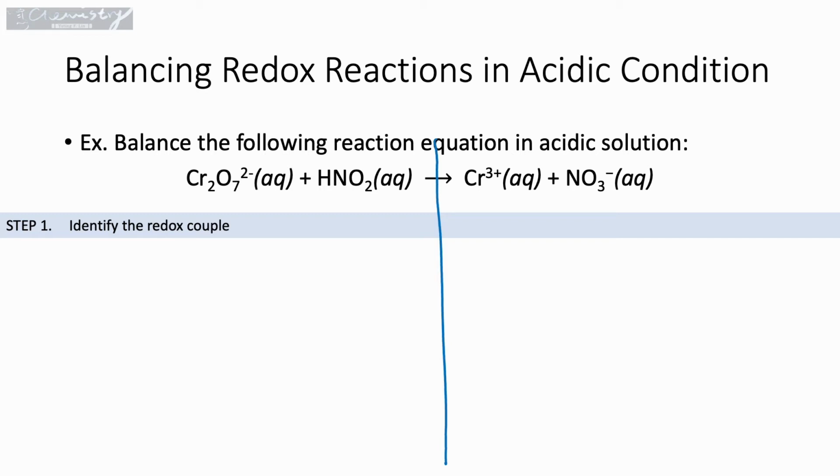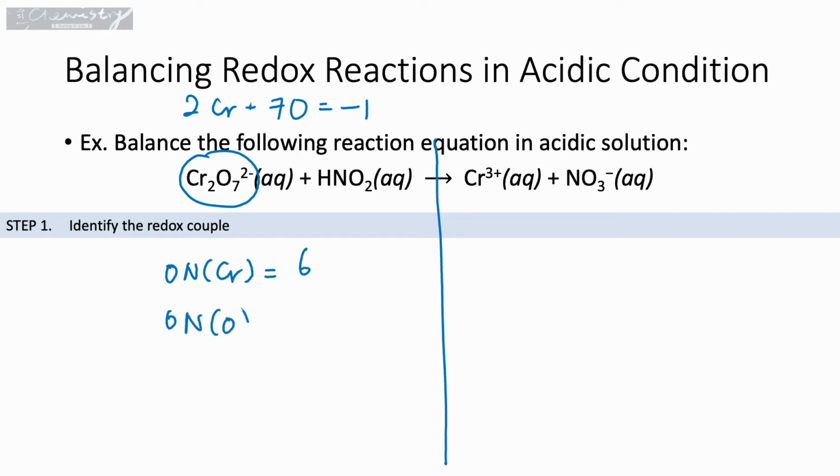oxidation numbers. So for the oxidation number of chromium, since the 2 chromium plus 7 oxygens is going to add up to -1, chromium is going to be 6, and then the oxidation number of oxygen is -2. For hydrogen it is going to be +1 in this case.